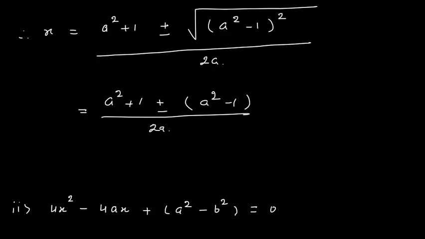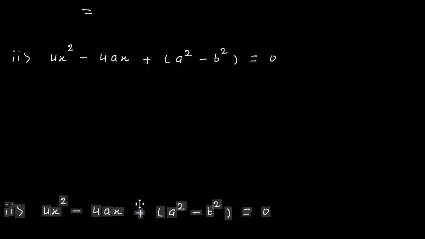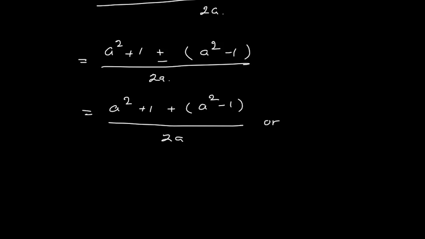Now let us move this problem a little down. This is equal to a square plus 1 plus a square minus 1 whole divided by 2a, or we will say that x is equal to a square plus 1 minus a square minus 1 whole divided by 2a.